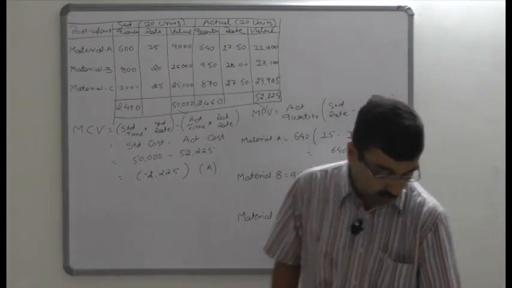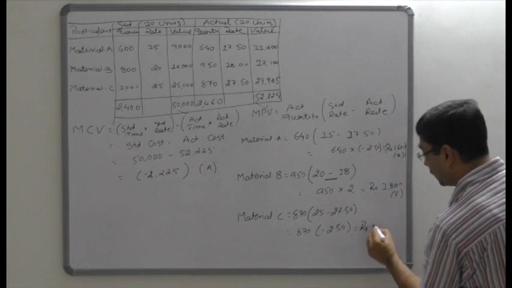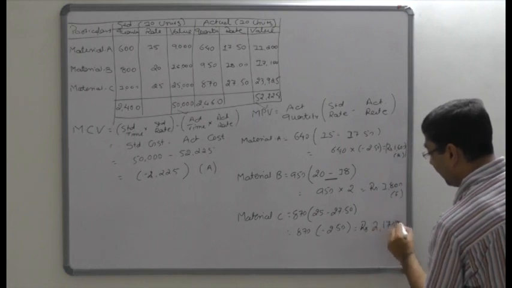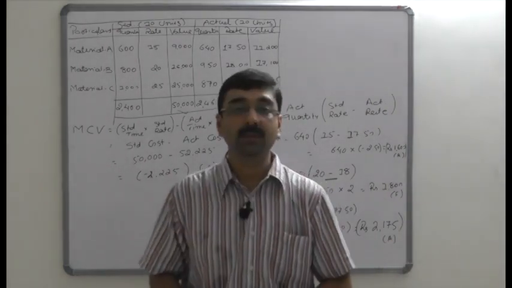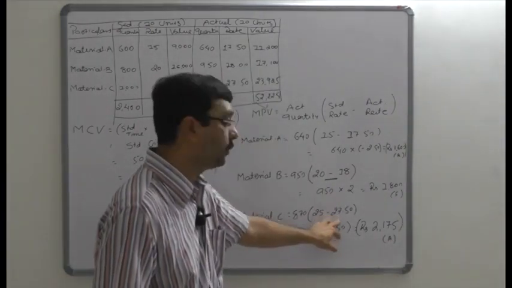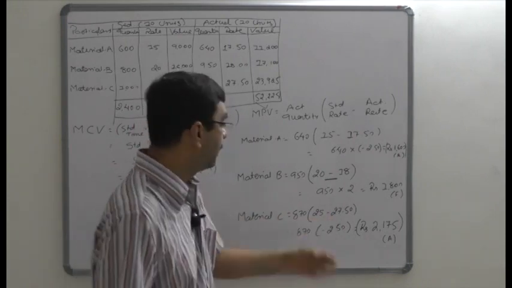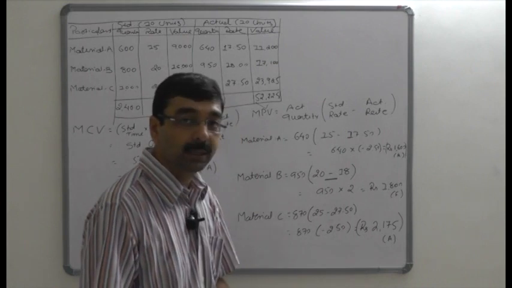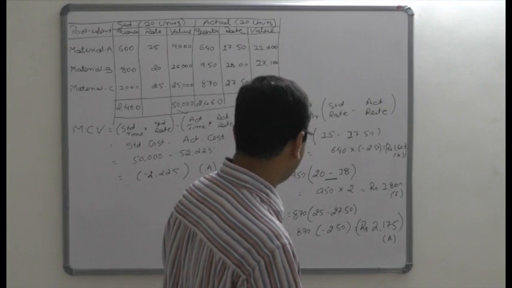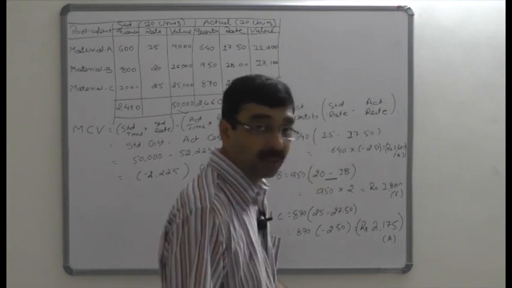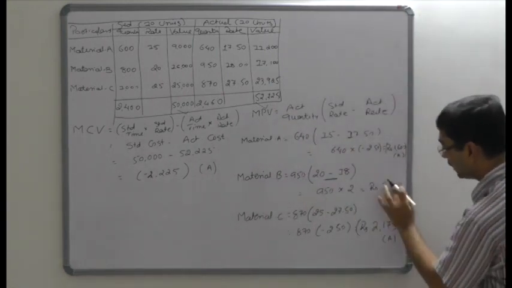The answer is 2175. This is adverse, because the actual rate is higher than the standard rate, and that's why in the case of material C, 2175 is adverse.